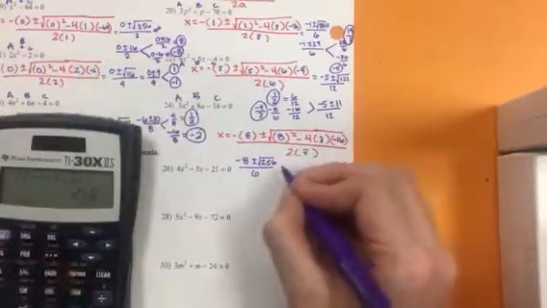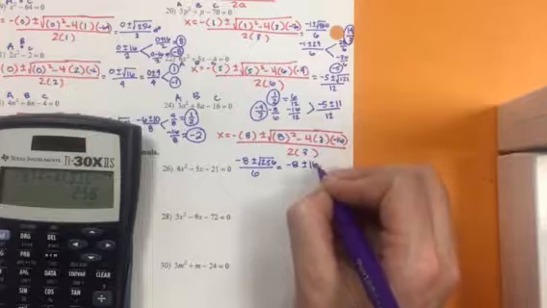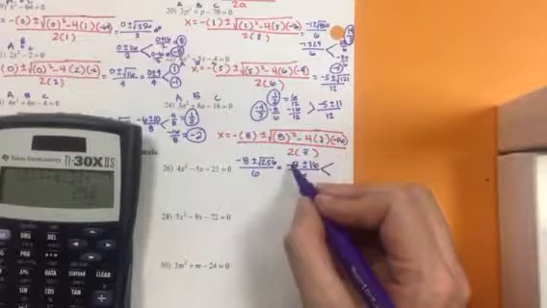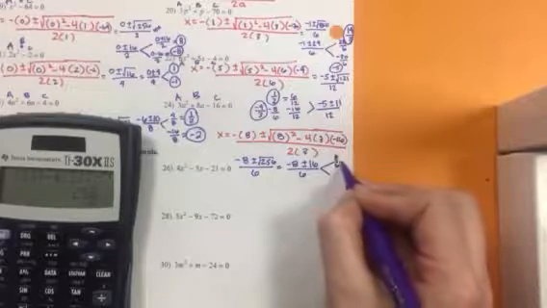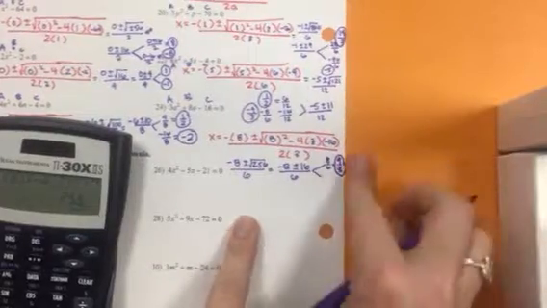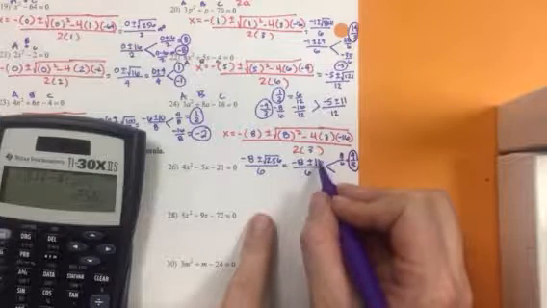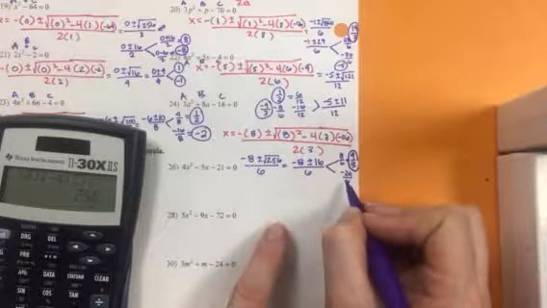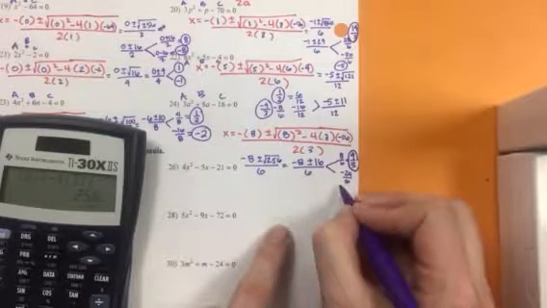And when we take the square root of 256, it's 16, so negative 8 plus or minus 16 over 6. Negative 8 plus 16 would be 8 over 6, which is 4 over 3 when I reduce it. And then negative 8 minus 16 will be negative 24 over 6, which gives us a negative 4.